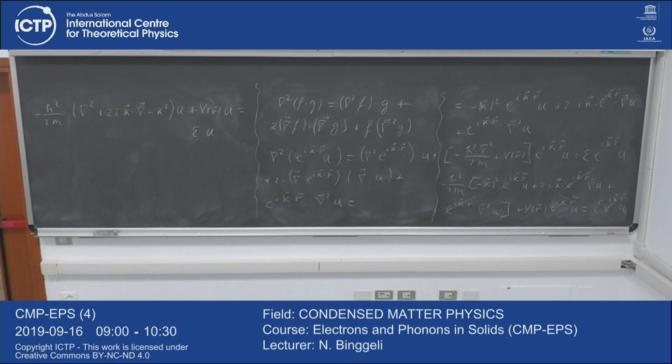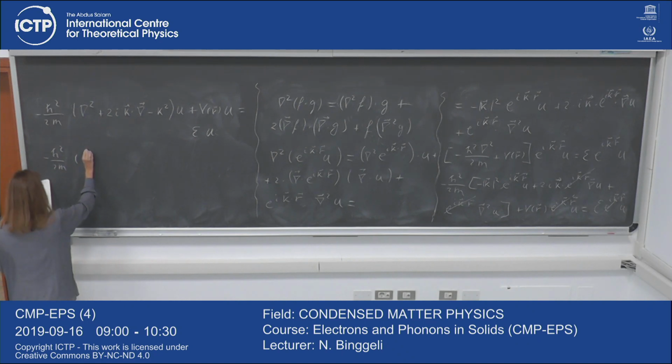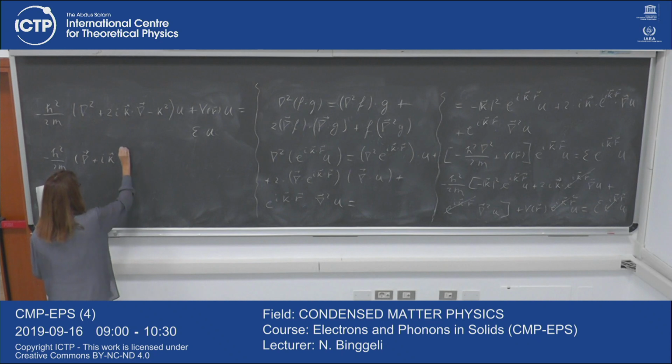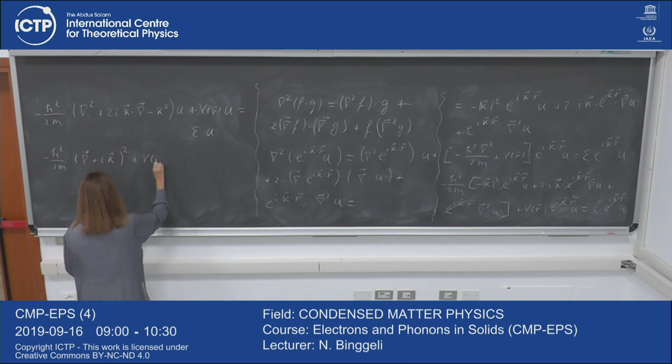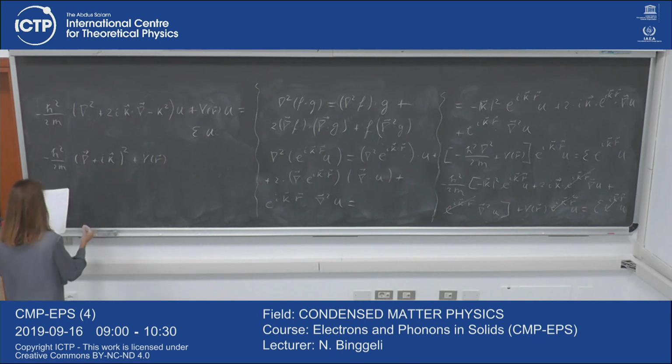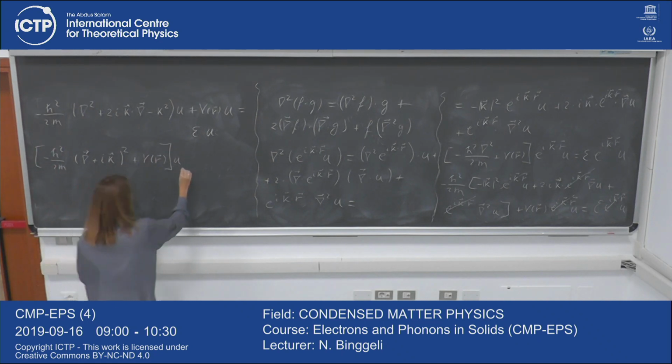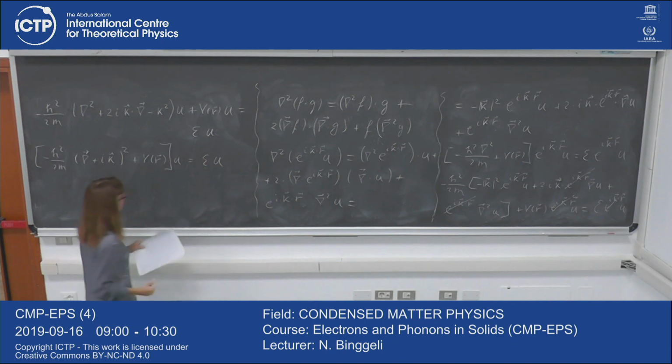Okay? And if I want, I can also rewrite this as minus h bar square over 2m gradient plus I k square plus v of r u is equal to epsilon u.